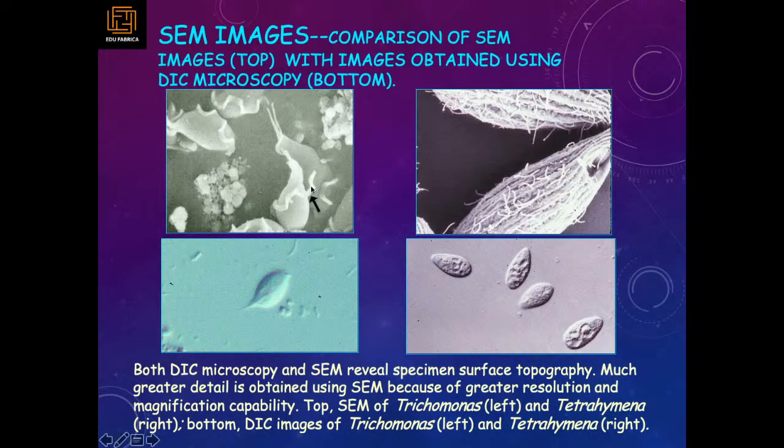So this is the scanning electron microscope. On the top left is Trichomonas, and on the right is Tetrahymena. The same organisms are shown in the DIC images. Just look at these images, these very nice 3D images.